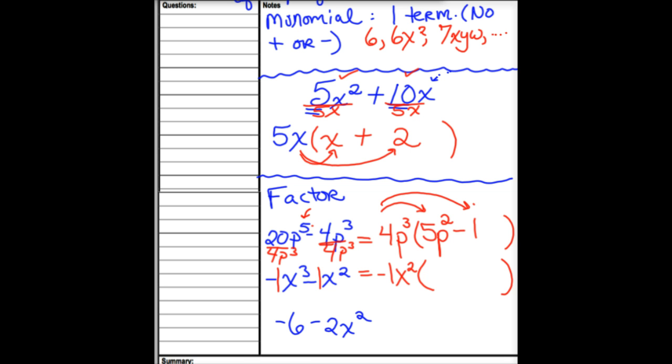Or you have to figure, what do you need to put back in here to get it back? Now notice, you can always check these. Just hop it in and you get negative x squared times x is negative x cubed, which is exactly what I need to get. Now, this is where it's kind of tricky. I need to make sure that my link is a minus. However, I'm factoring out a negative.